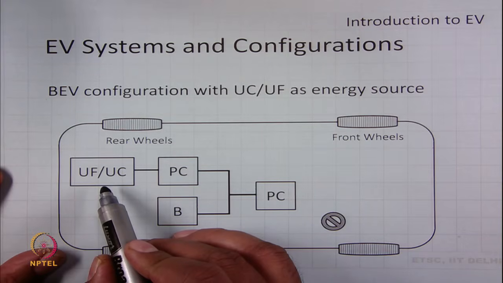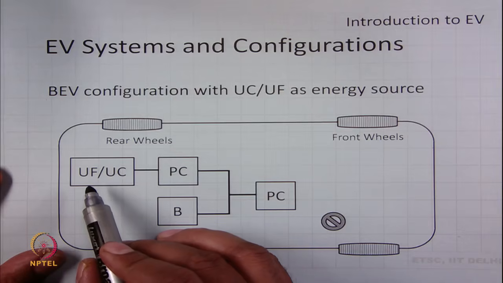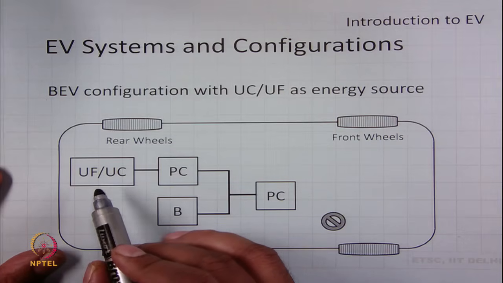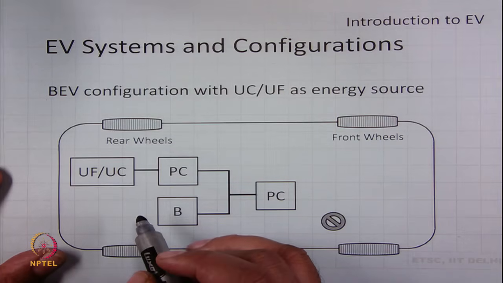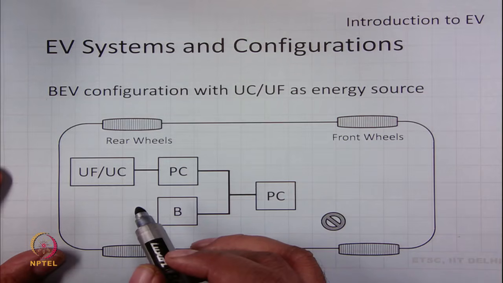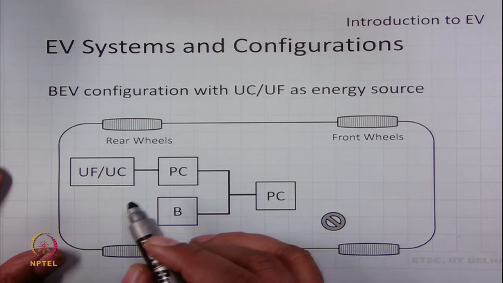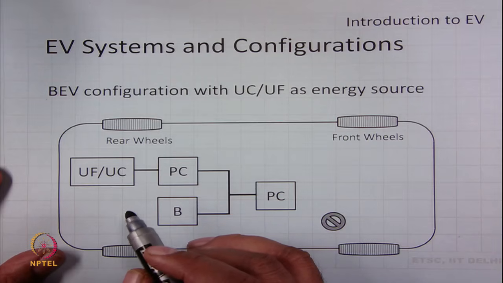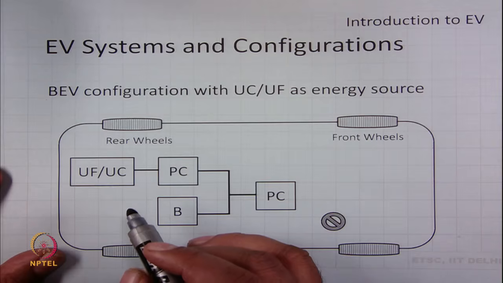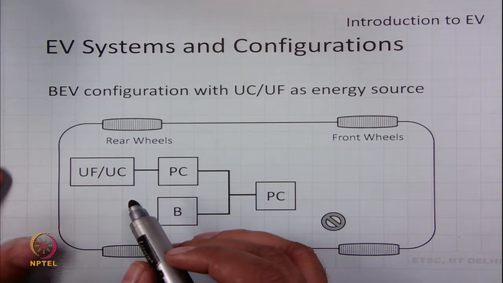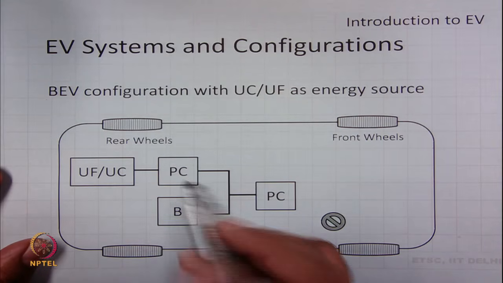As told earlier, the flywheel used here is not the conventional flywheel which we use in mechanical devices. In mechanical applications we generally use a low speed and high inertia flywheel for storing energy, but that kind of flywheel cannot be used here because of the weight involved.